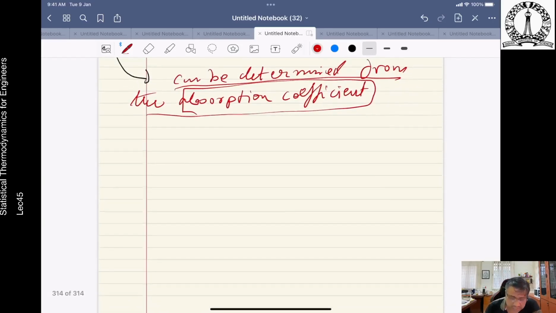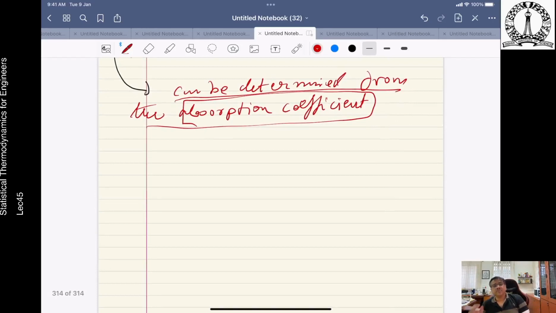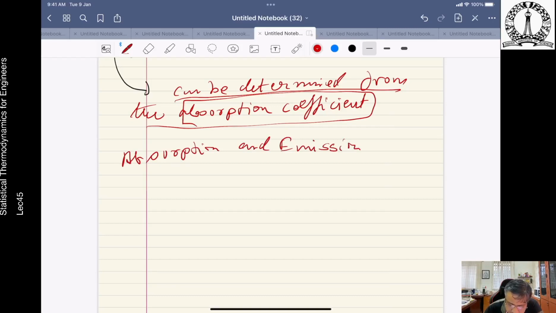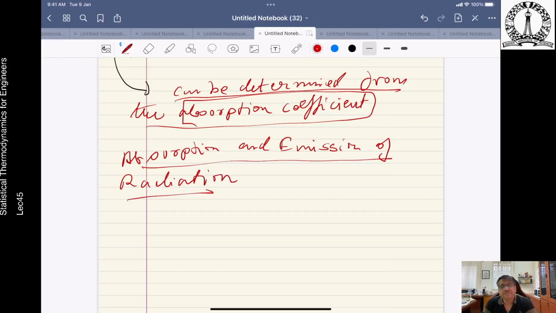Now let us look at the absorption and emission of radiation. What are those? Absorption and emission of radiation. Okay, so the interaction of electromagnetic radiation with matter can be described by a simple semi-classical model that we already know.